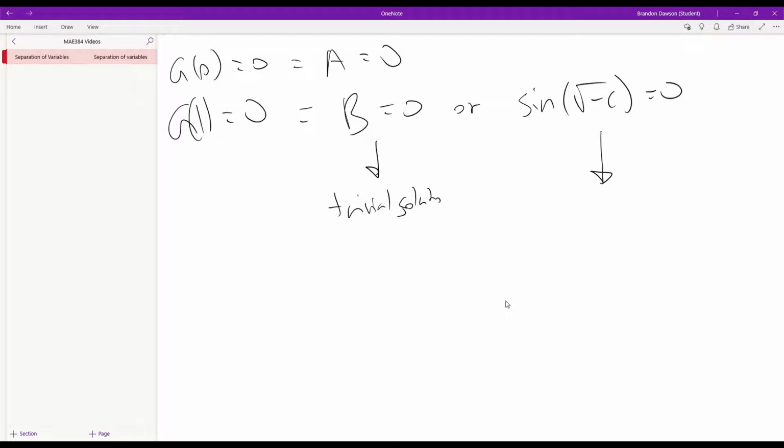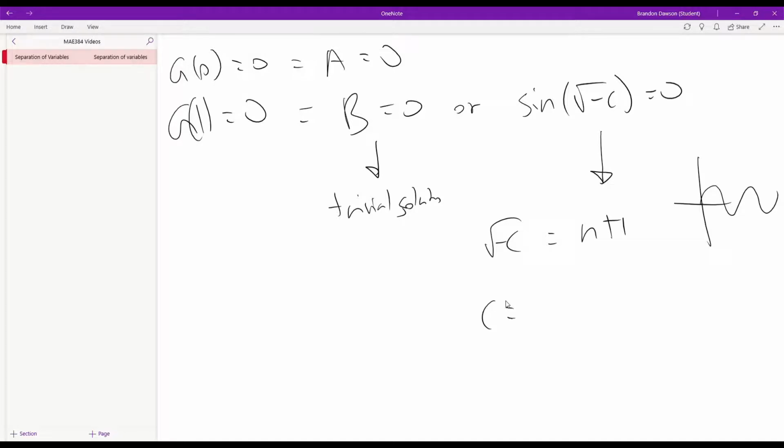In this case, because sine is a repeating function, which means it crosses 0 multiple times, you know that there is some value of n for which the sine of the square root of negative c would be 0. In this case, we know that the square root of negative c needs to equal n pi.